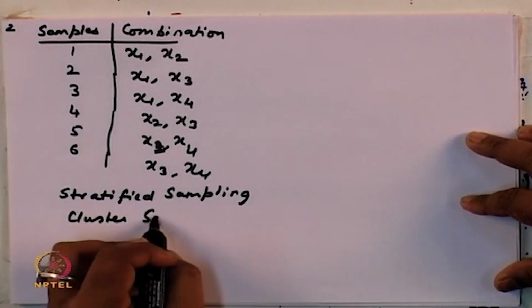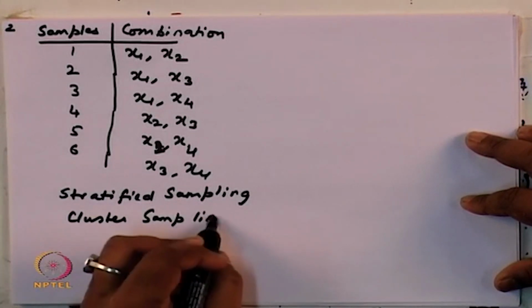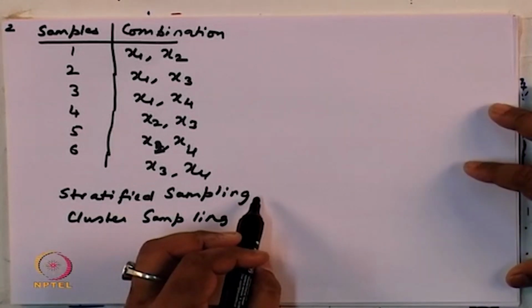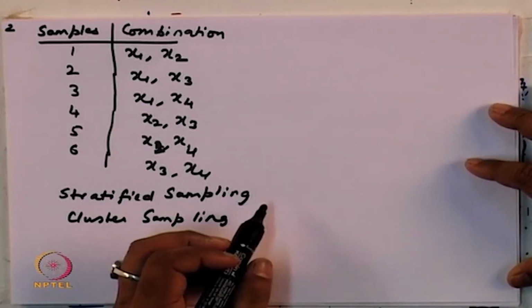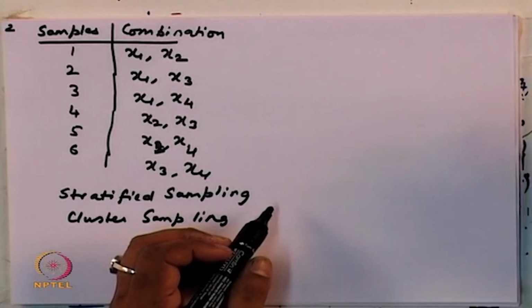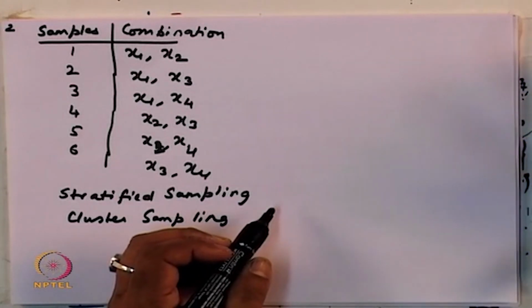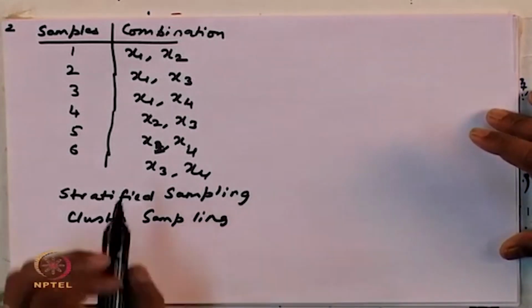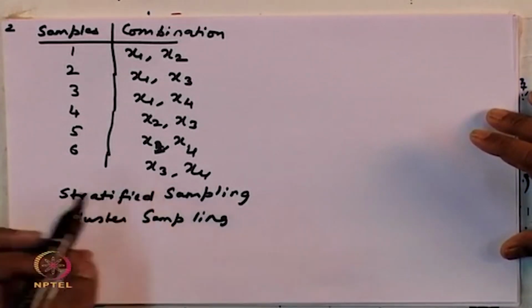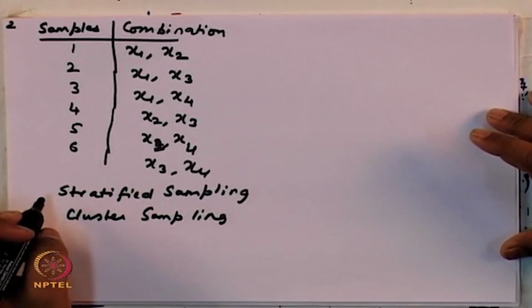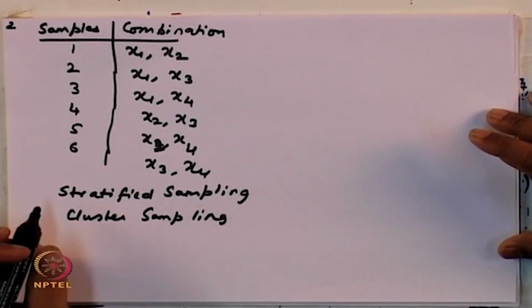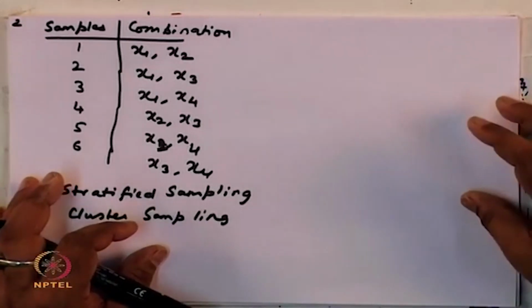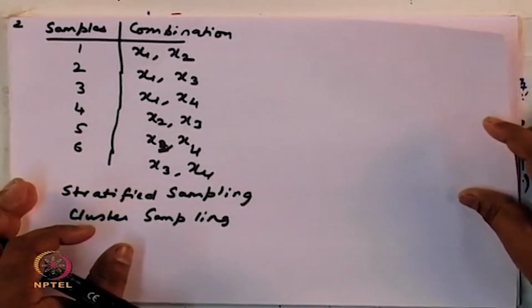In stratified sampling, if you know your population is composed of multiple subpopulations, you want to have a way such that all these individual subpopulations get represented in your sample. So, this is a special type of sampling. There are various other types of sampling. We will not go into details about sampling, but we will start discussing sampling distributions.